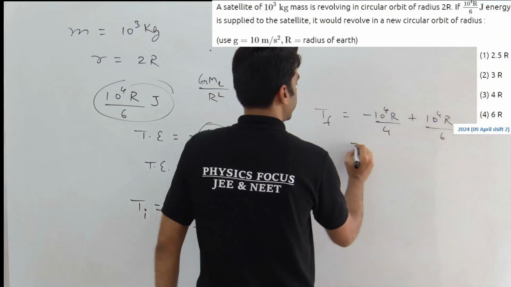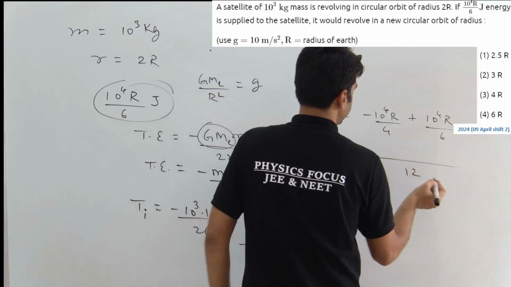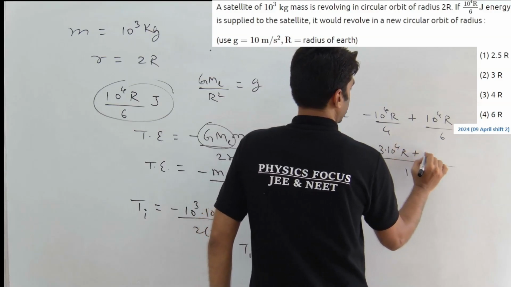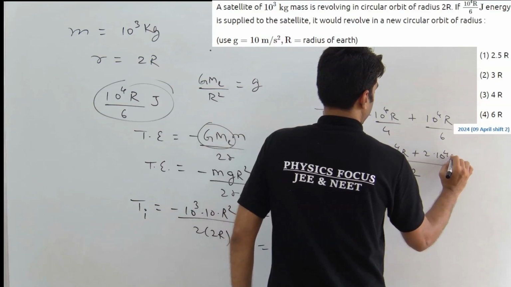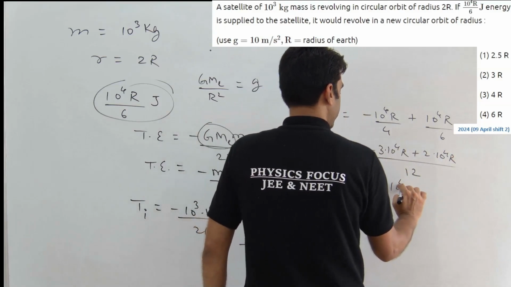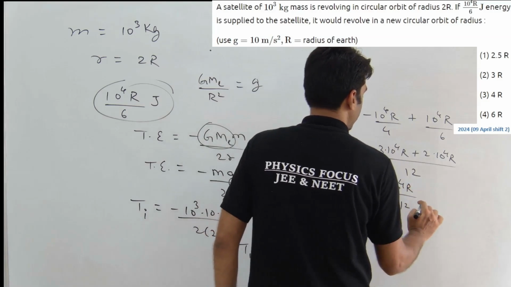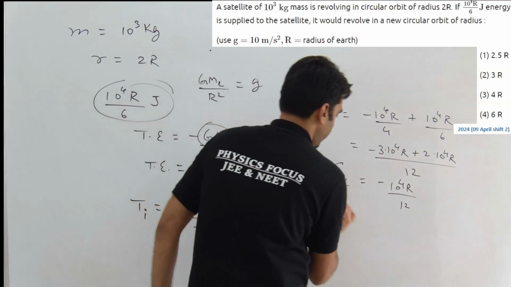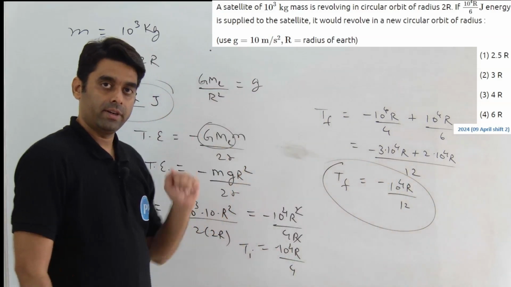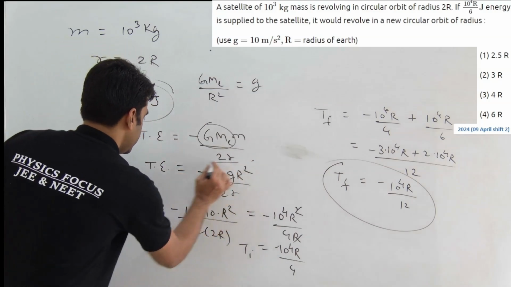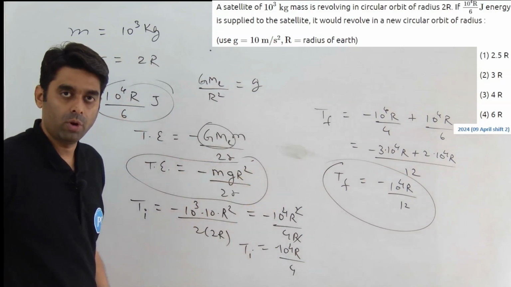Let us simplify this. We are getting minus 10 power 4 R by 12. This is our final total energy, in whichever orbit it will go once energy is given to it. Let us compare it with our initial result in terms of small g.